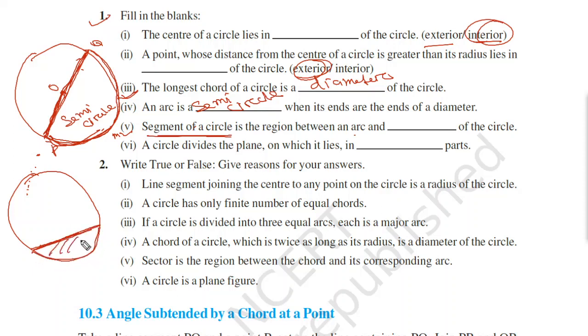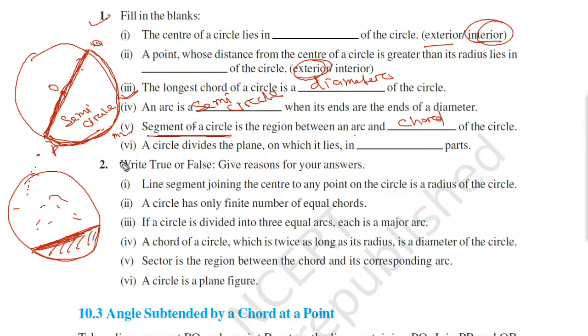So this is a minor segment, and this is the major segment. Now segment of a circle is a region between an arc and the corresponding chord. You can write corresponding chord or simply chord of the circle. Which one? Chord, not this one.